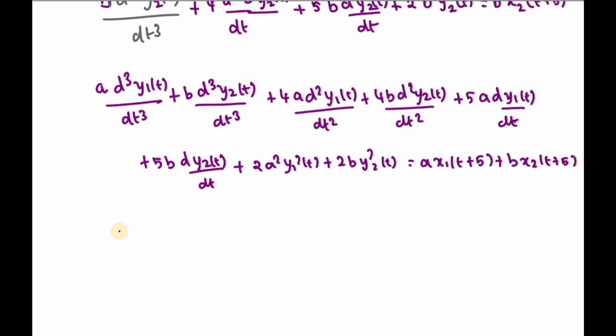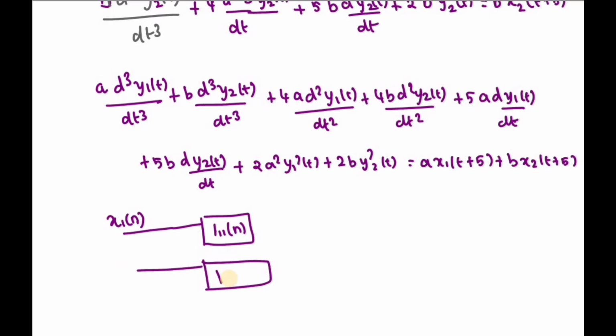So now, below we have the principle as well. Suppose we have x1 of n given to one system h1 of n, and x2 given to h2 of n, and we get y1 of n plus y2 of n.